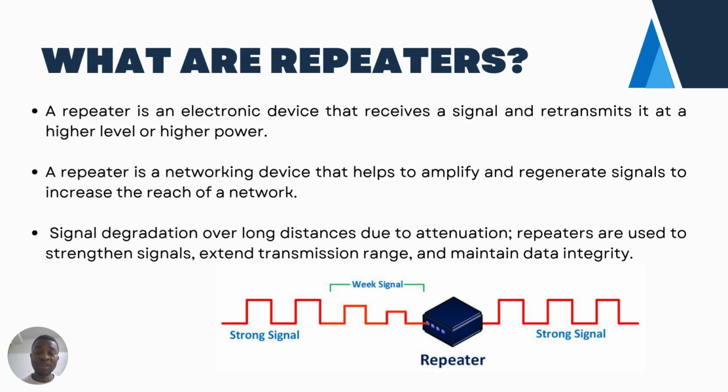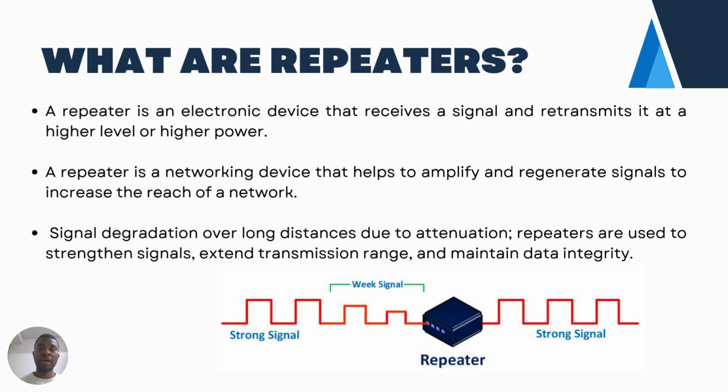A repeater is an electronic device that receives a signal to transmit it at a higher level or higher power. In other words, a repeater is like a signal booster.